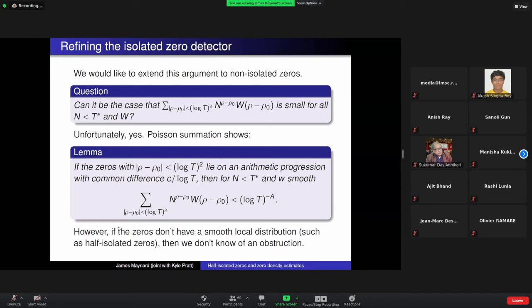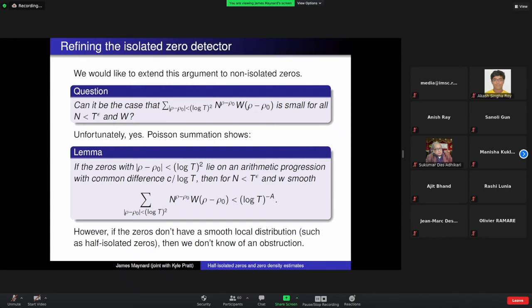And whenever there's some sort of disruption to a very regular local distribution, then I at least am not aware of any obstruction of this type. So it's only things that look like arithmetic progressions or unions of arithmetic progressions that I'm aware of that really cause this obstruction, that for every choice of capital N and every choice of smooth function, this sum over nearby zeros is very small.